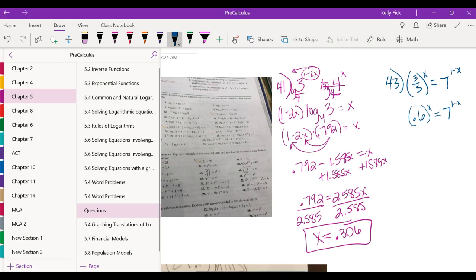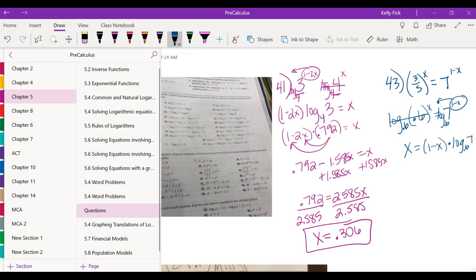Okay, again, just like 41, we're going to choose the easier exponent to do our log base. So I would do log base 0.6. So this side cancels, so I get x equals, and then again this drops down front, so I have 1 minus x times log base 0.6 of 7.